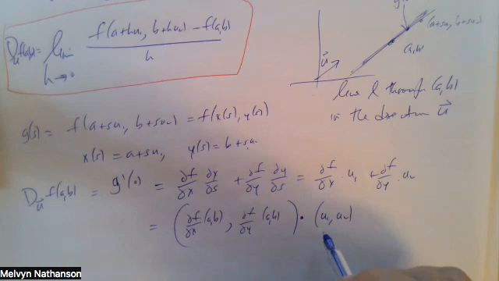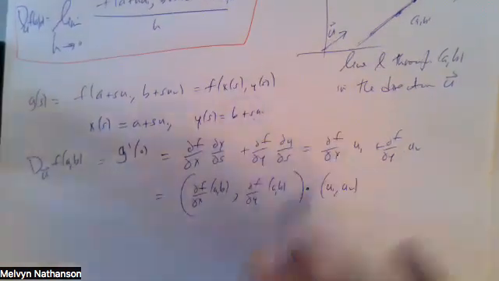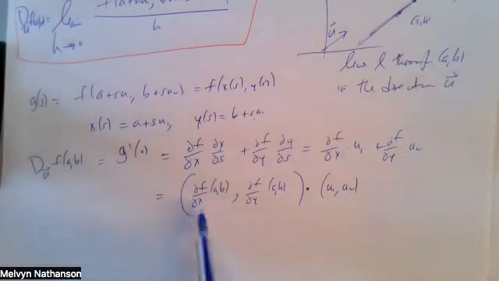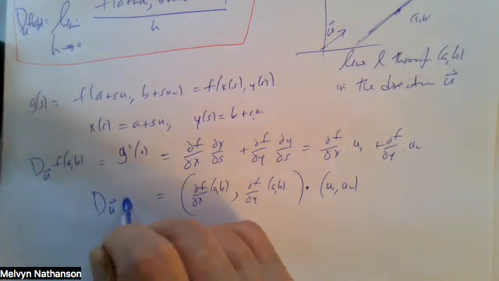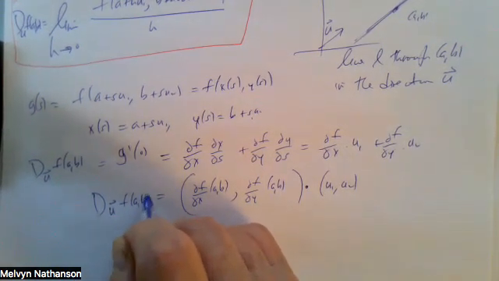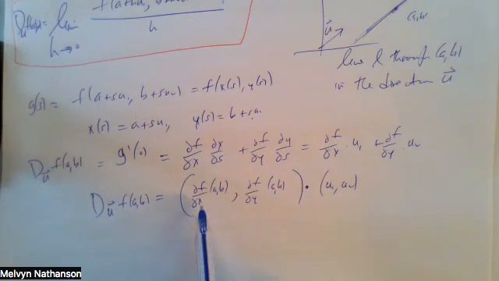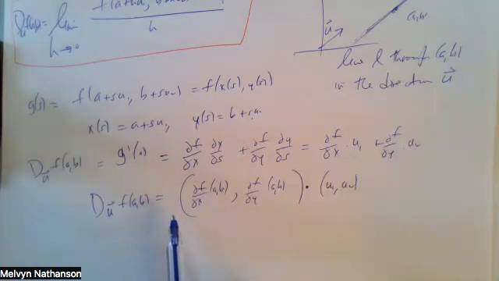And this is, in fact, the directional derivative of f in the direction u, which tells us a very important fact, which makes vector calculus a lot easier. If you can calculate the partial derivatives of a function with respect to x and y, you can get from that right away the directional derivative of the function f in any direction u that you're interested in.